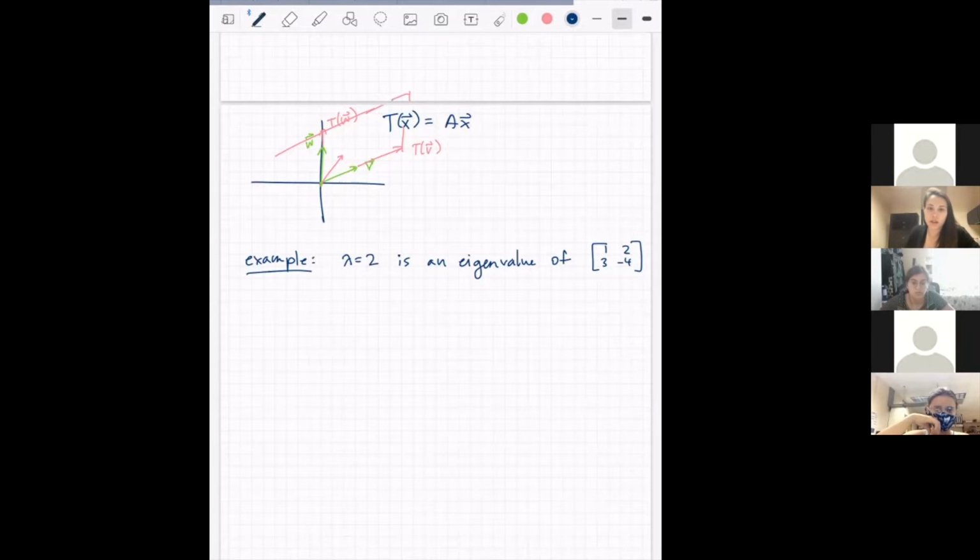And then we want to figure out what the corresponding eigenvectors are. There could be more than one, right?